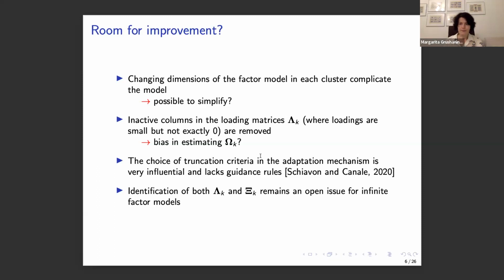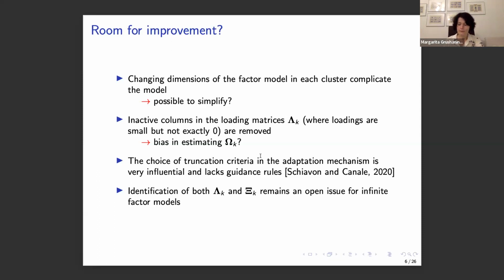There's some noise around them, and it can introduce some bias when we want to estimate covariance matrices. Also, we have to choose some truncation criteria, like these neighborhoods of 0. For the adaptation, we also have to choose some parameters, like the adaptation probability, which is necessary for convergence. And this criterion is quite subjective and actually quite influential. So we need some clear guidance rules on how to choose these truncation parameters.